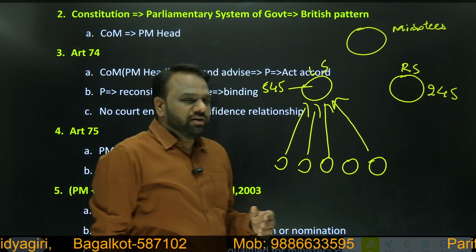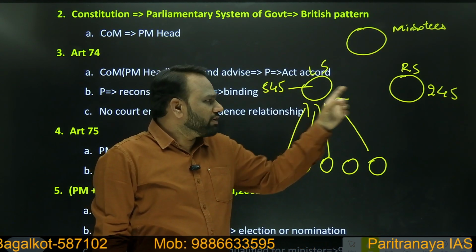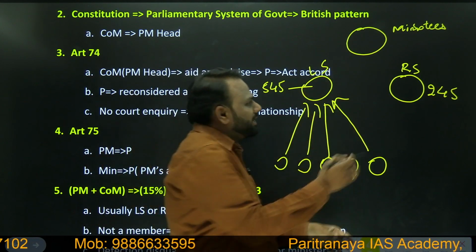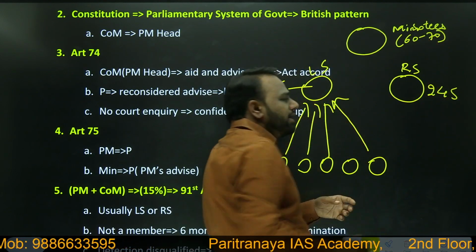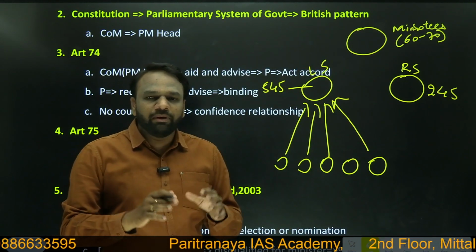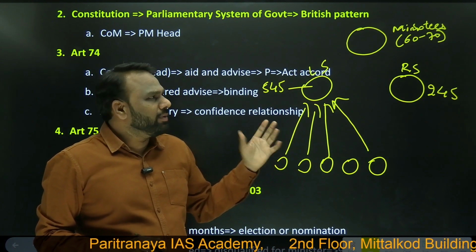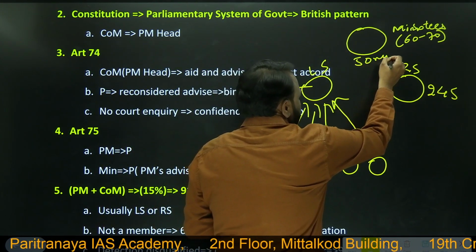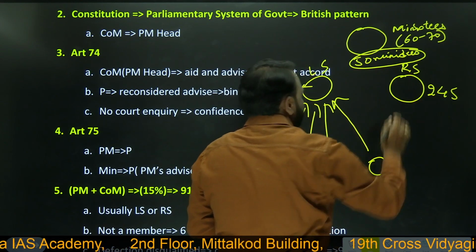Rather than 790 people taking decisions together, 545 plus 245 on day-to-day basis, only these 60 to 70 members who are called ministers will be involved in implementing the law, in implementing the policies. In order to make our discussions easier, I will just assume that there are 50 ministers. There are just 50 ministers.